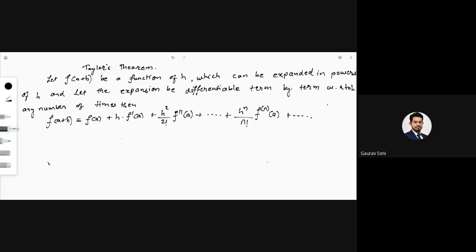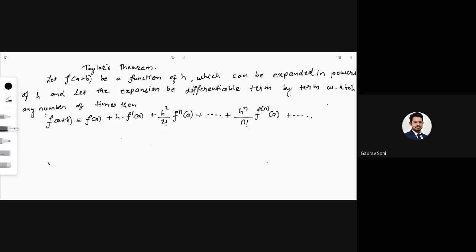So a function f of a plus h can be written, I mean, if it is differentiable any number of times, then the expansion is given by this.